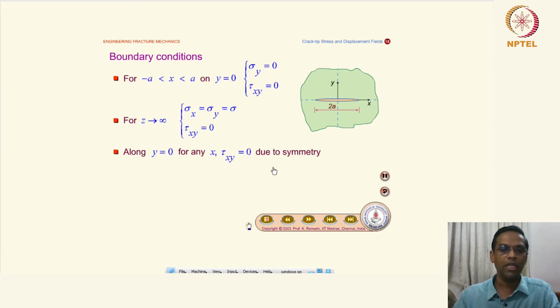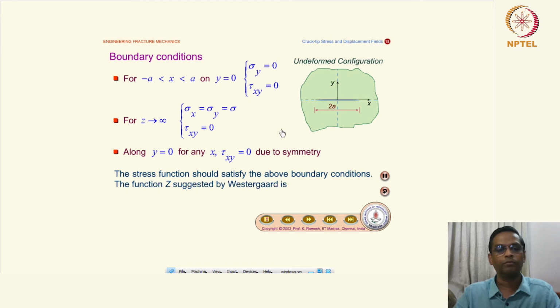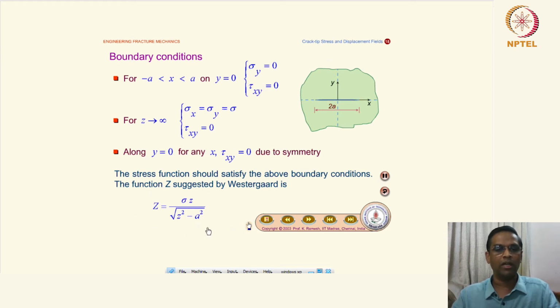So we have to see whether these boundary conditions are met by the stress function proposed by Westergaard. So we will see what the Westergaard stress function is. Capital Z is equal to sigma times small z divided by square root of z square minus a square. This is the Westergaard stress function proposed for crack problems.